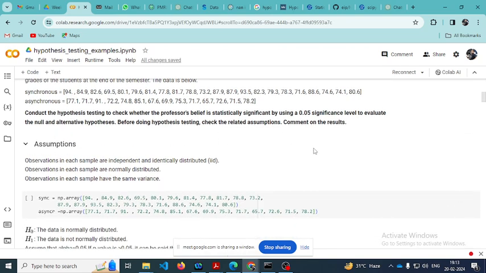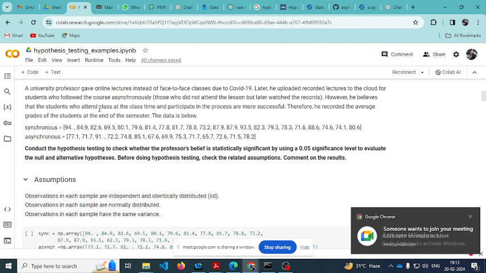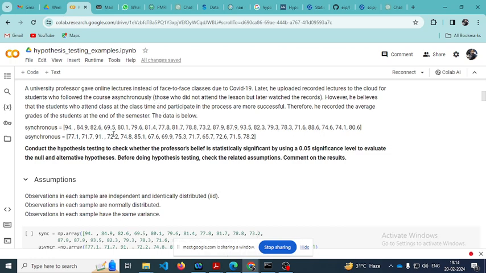Before doing hypothesis testing, check the related assumptions. So we need to check the assumptions meant for this particular problem. We need to observe whether each sample is independent or dependent, and what kind of data it is, whether paired or unpaired data.